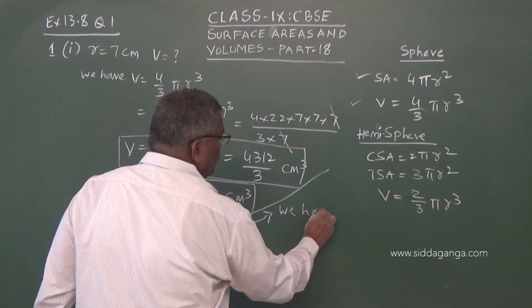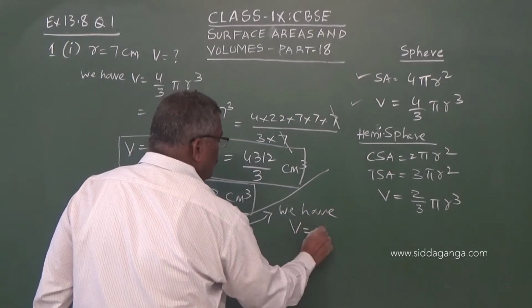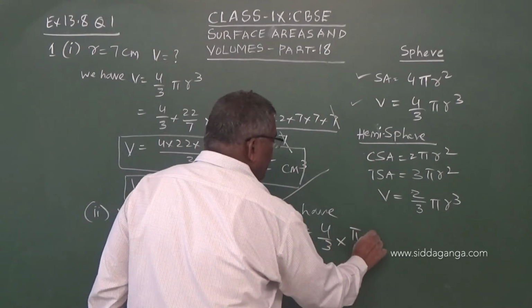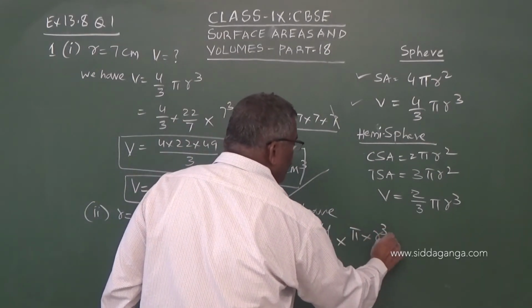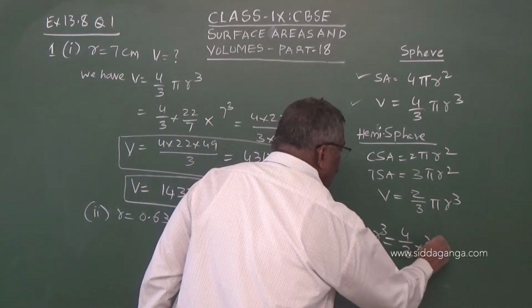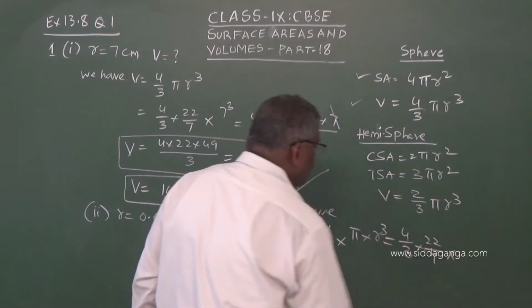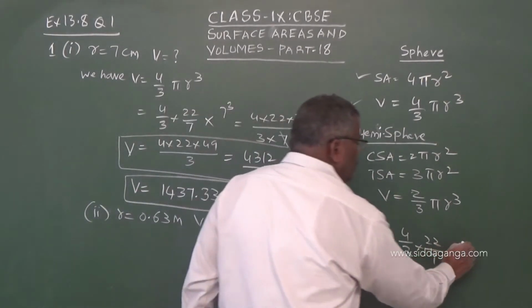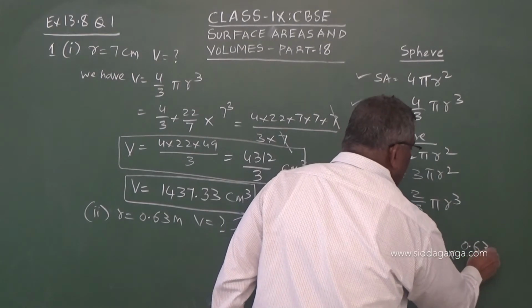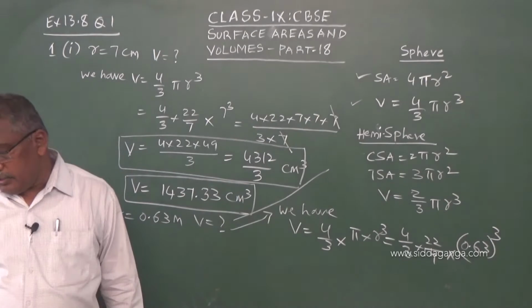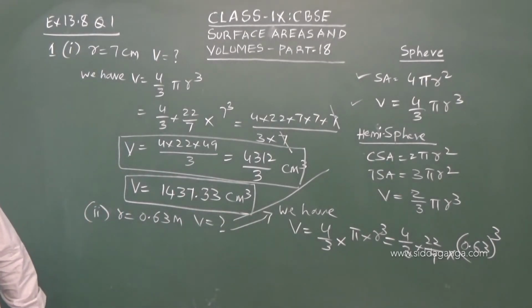We have volume is equal to 4 by 3 into pi into r cube, that equals 4 by 3 into 22 by 7 into r, which is given as 0.63, whole cube.